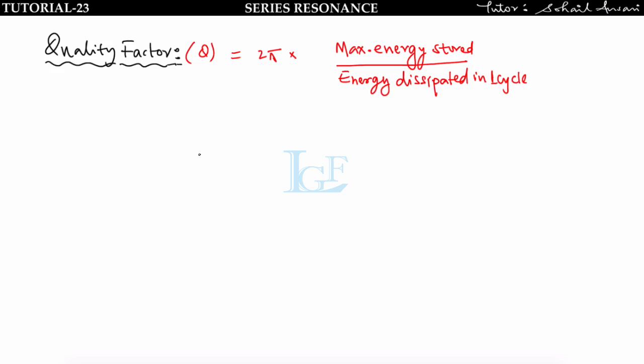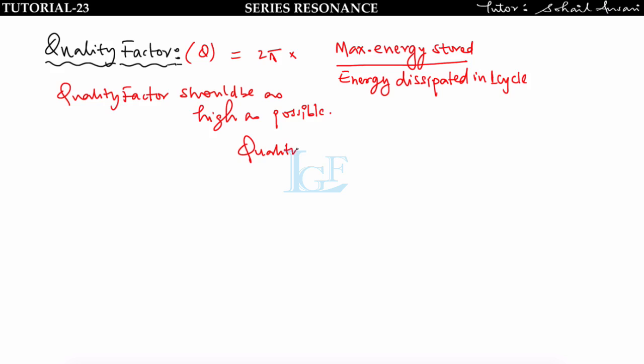Quality factor gives an idea of how much energy is stored in a circuit with respect to energy dissipated, hence quality factor should be as high as possible. In other words, quality factor can be represented as the ratio of reactive power upon active power.